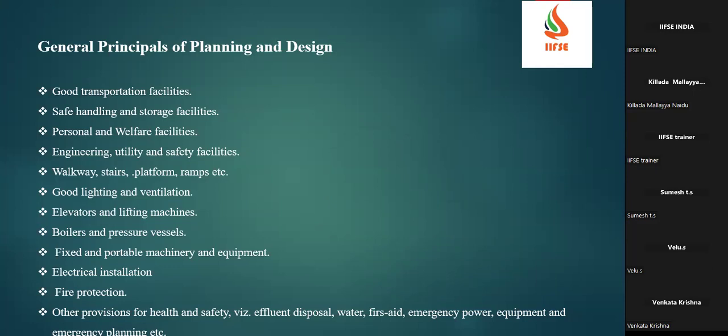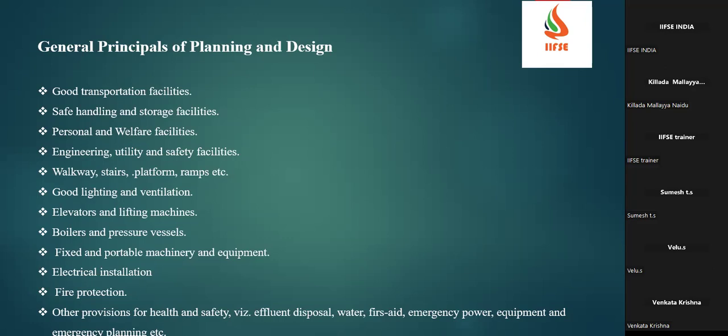One is a good transportation facility. This is one of the principles to be considered while designing a plant. Then safe handling and storage facilities. For handling materials, whatever the materials or manufacturing process, we should have proper handling and storage facilities.